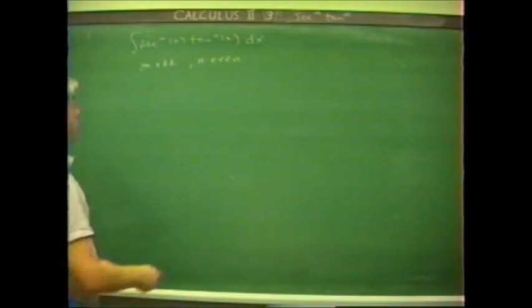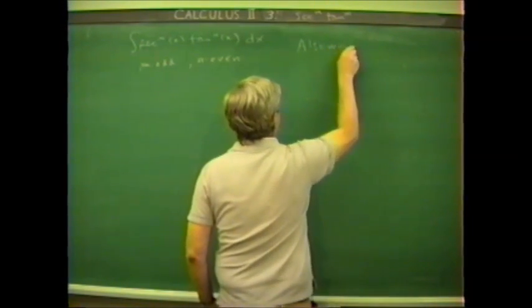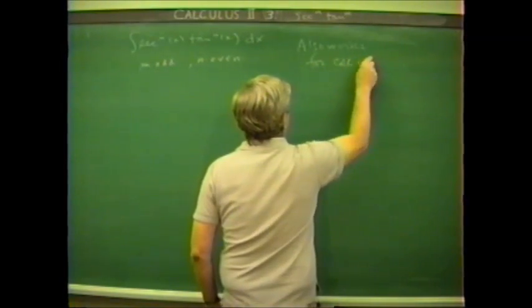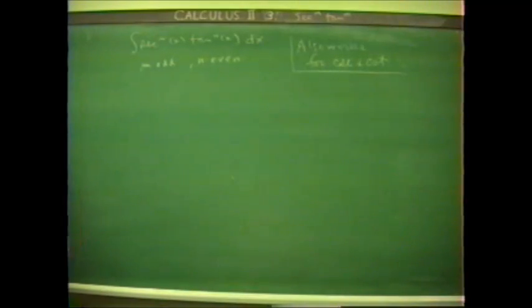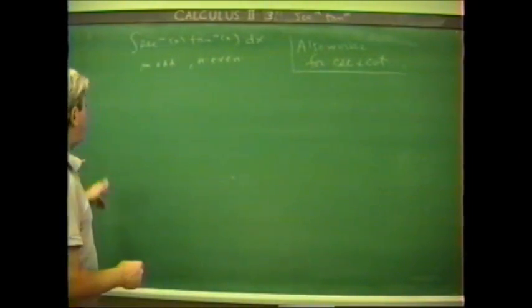This will also work for the cosecant and cotangent. And the approach that's taken to this is to change everything over to secants. Since n is even, we'll change everything over to secants. And what happens then is we end up with powers of secants to deal with.